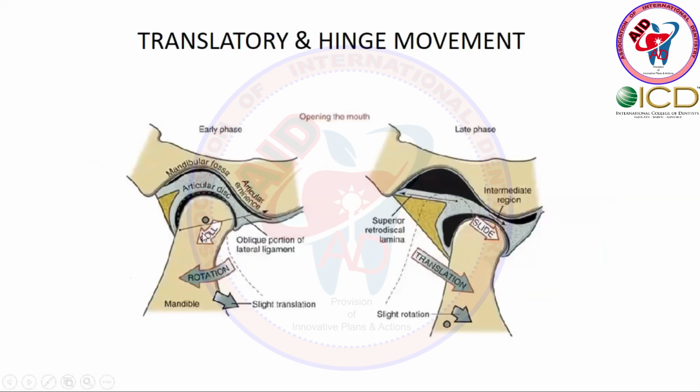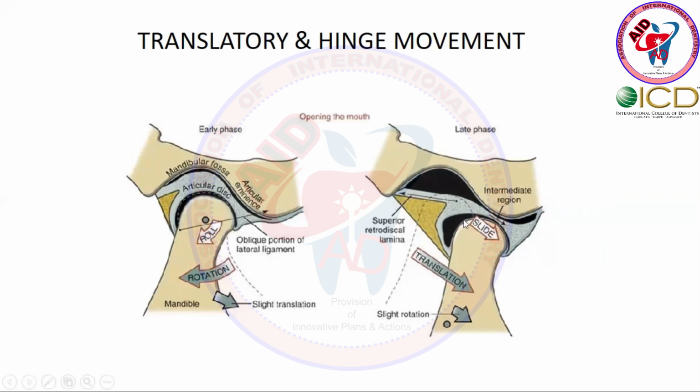Here is the picture. When this is the smaller movement, this condyle rolls within the articular disc area, and that is a rotation, and there is slight translocation while it moves forward. But basically, this head is rotating within the mandibular fossa.